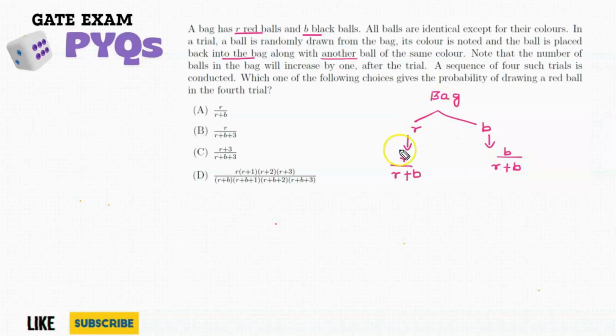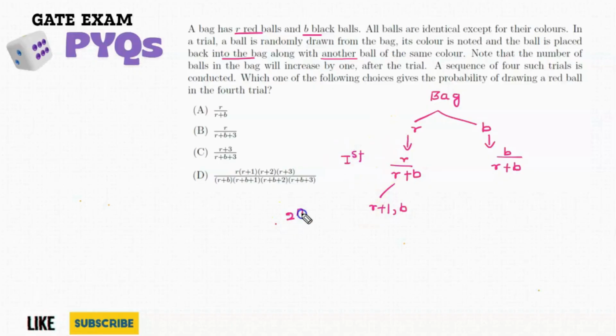If the ball drawn is red, in the next step, one red ball will be extra added to this. So in the second case, we will be having a total of R plus 1 red balls and B black balls. So this was our first trial.